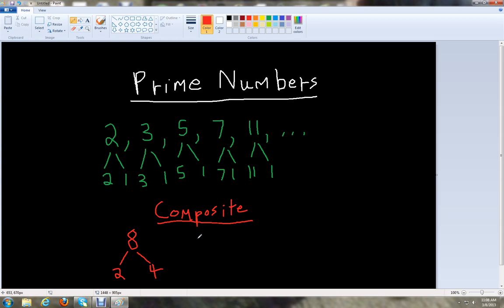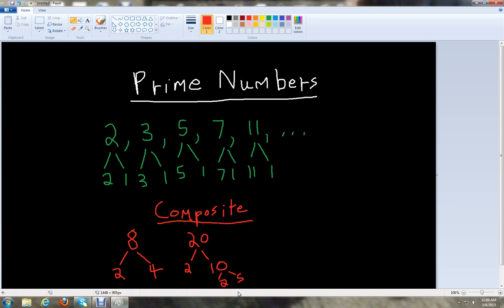Another example would be 20. You could factor that as 2 times 10 is 20. And then you can factor 10 as 2 times 5.